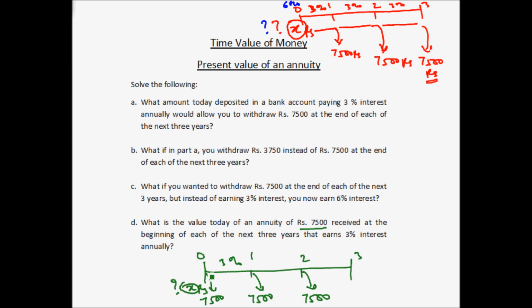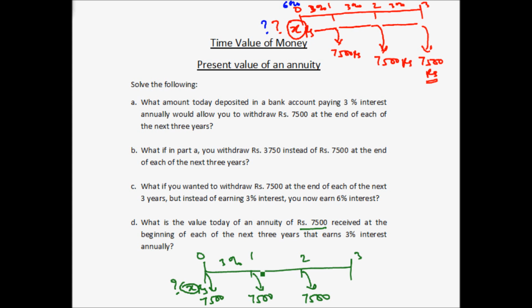So basically here what is happening is that as soon as you deposit X rupees, you are withdrawing 7500 rupees out of that. So this initial amount of 7500 is not gaining any interest. Now the remaining amount, that is X minus 7500, is going to gain 3% interest over the first year. At the end of the first year, you withdraw 7500 rupees out of that.